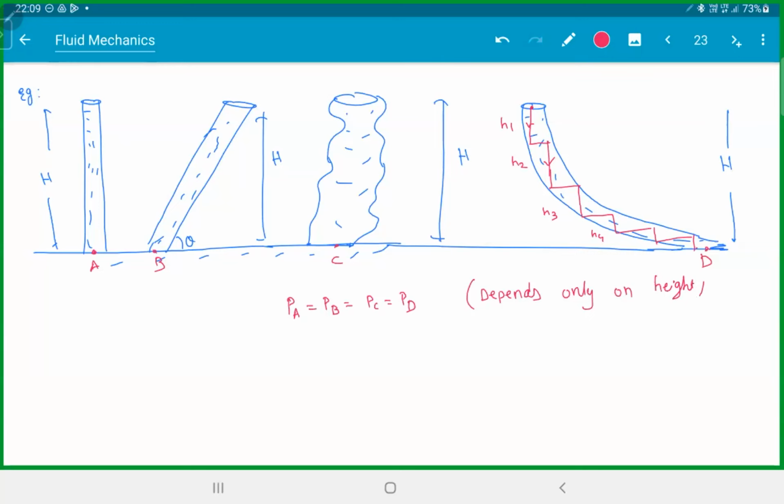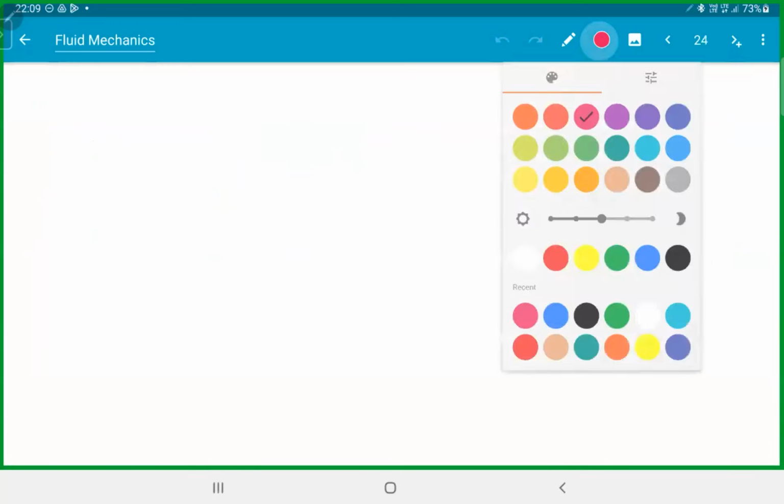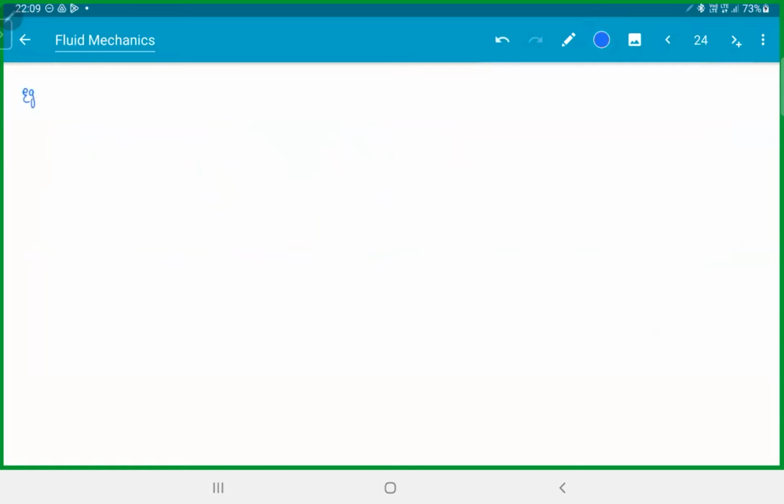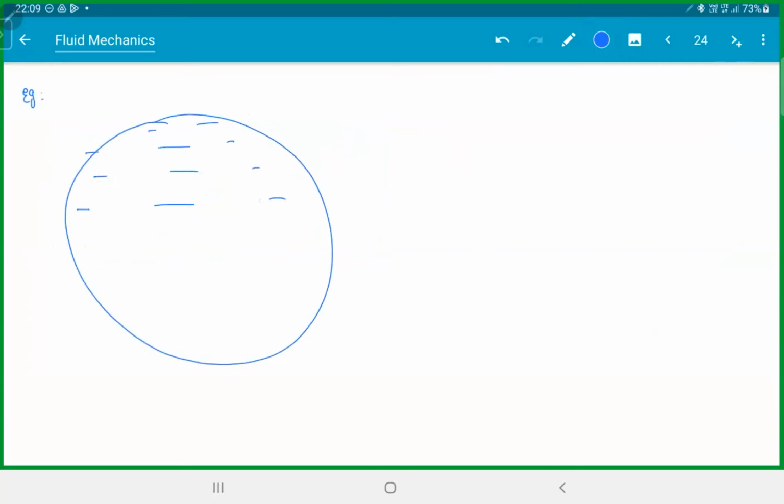All the same. Let me give you one more example. Let's say we have a container here completely filled with liquid. So if I take points here, let's say 1, 2, 3, 4, 5, 6, 7, and 8, at 45 degrees, okay?